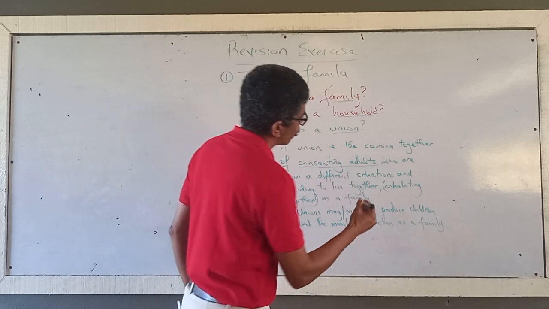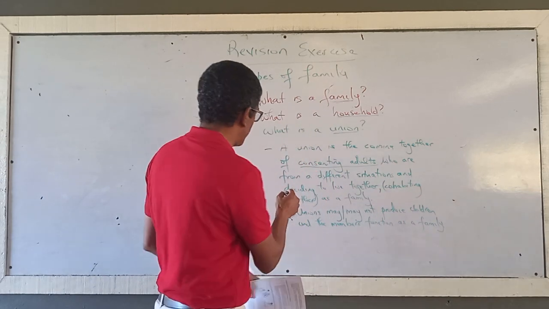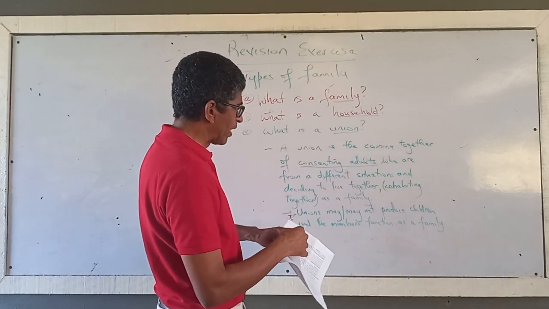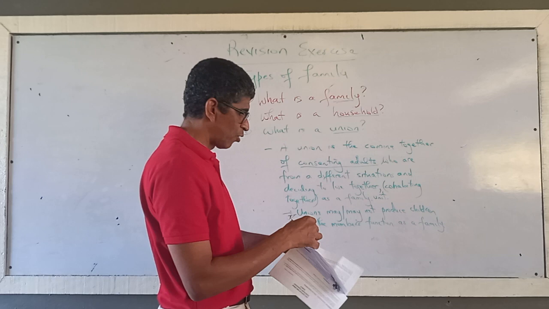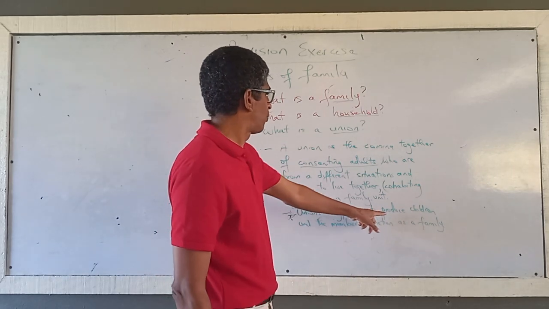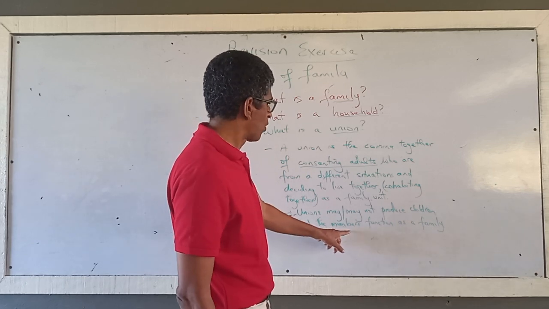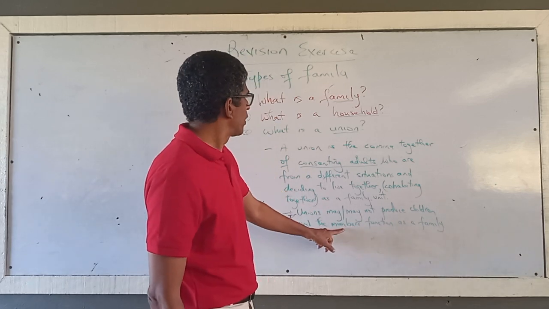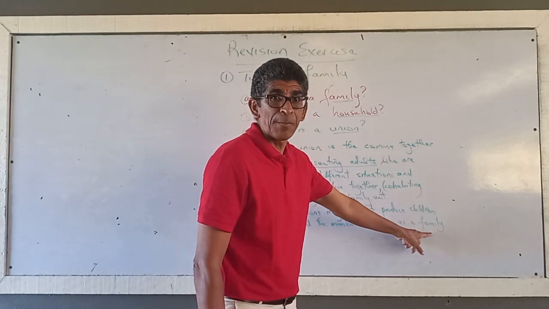That CO looks like H, right? Cohabiting together as a family unit. And the unions may or may not produce children, and the members function. What members? The members, the consenting adults, they function as a family.